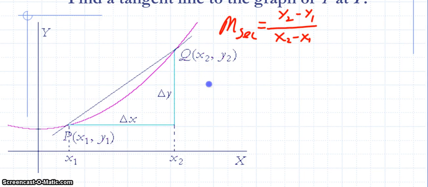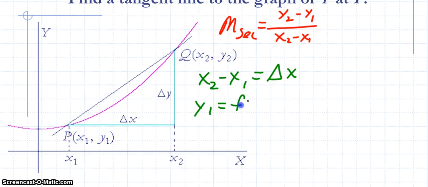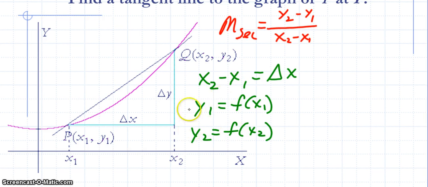Well, I know that x2 minus x1 is actually delta x. I know that y1 is actually f of x1, and I know that y2 is actually f of x2. So those are all just substitutions, other notations for the same thing.